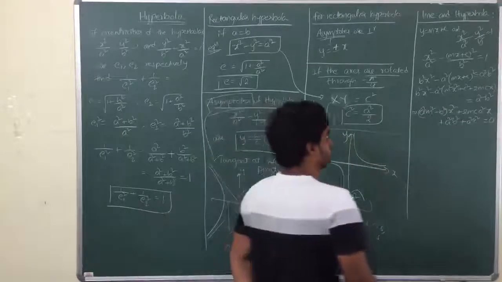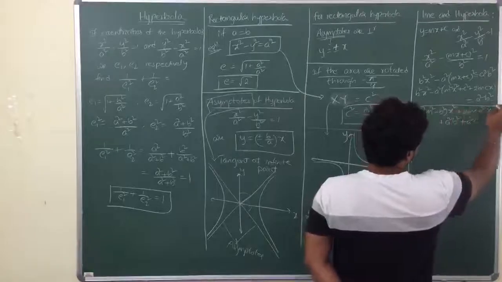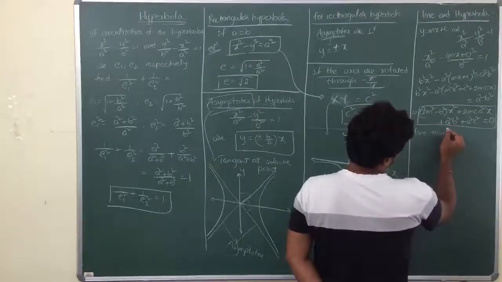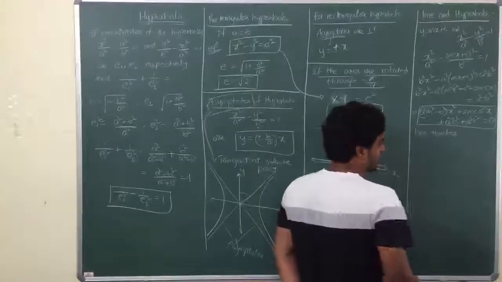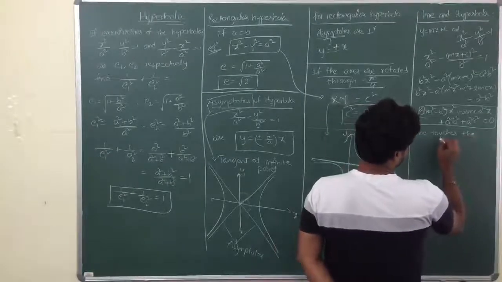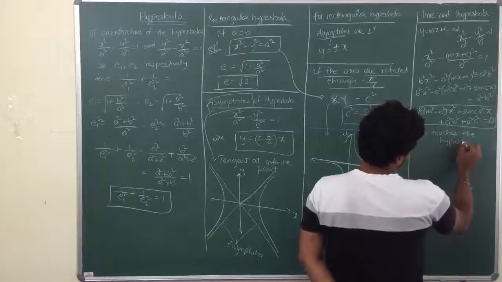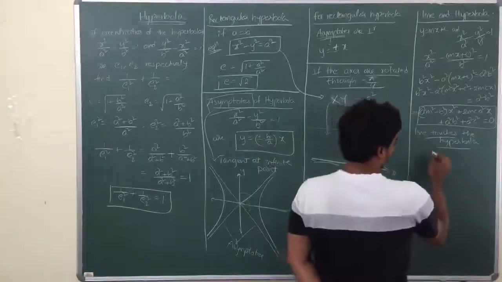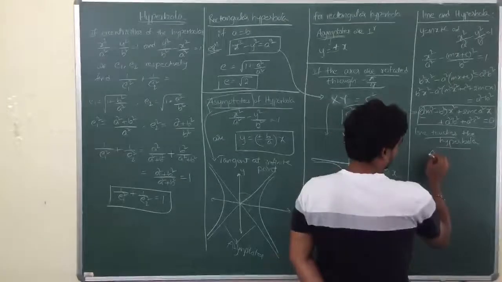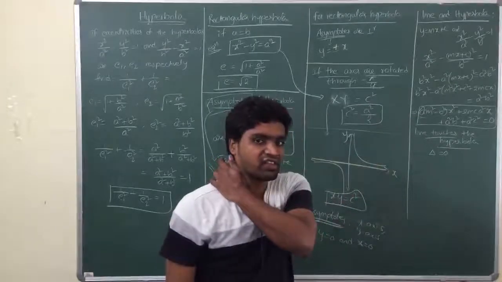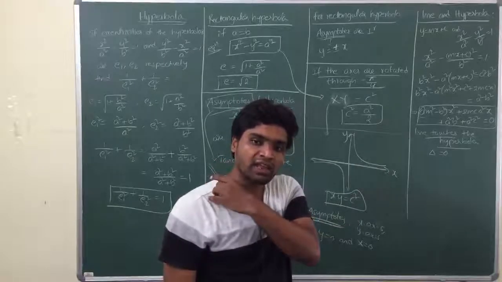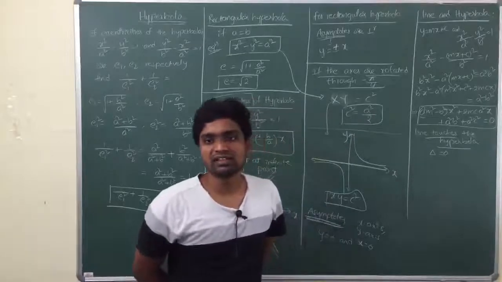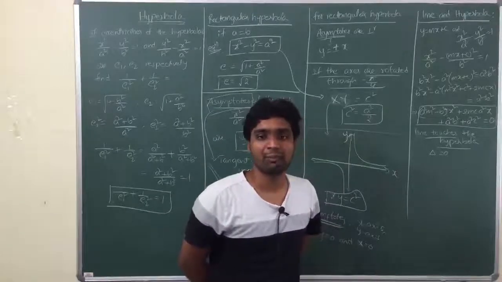Suppose the line touches the hyperbola. Line touches the hyperbola, then delta is equal to 0. So b square minus 4ac is 0. So the formula we got in ellipse is c square is equal to a square m square plus b square.